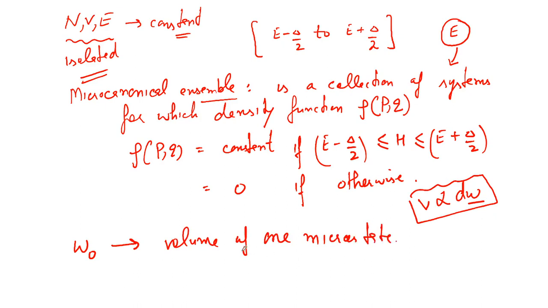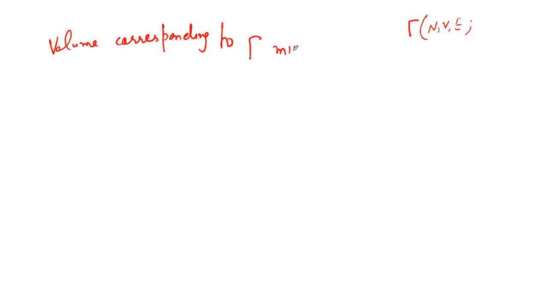Since there are many microstates, their number is represented by sigma, which depends on N, V and E. The volume corresponding to sigma microstates present in this microcanonical ensemble is generally considered as omega, and the volume corresponding to one microstate is omega over sigma, which we consider as omega naught.